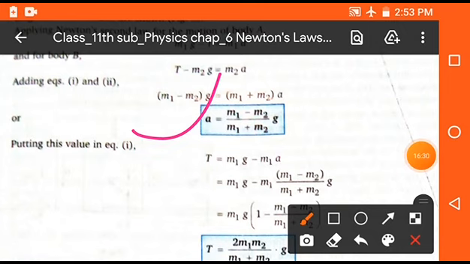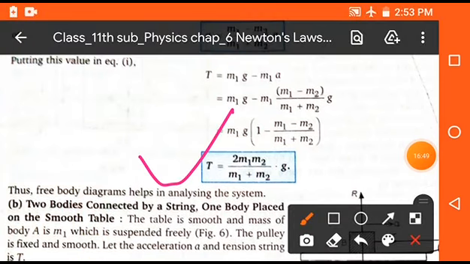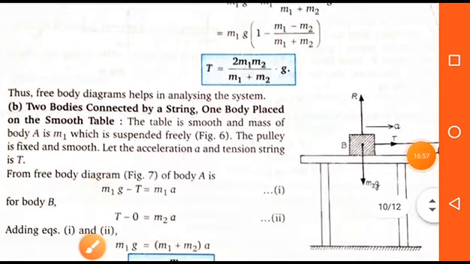We can also calculate the tension produced in the rope, and it will be T equal to 2 m1 m2 upon (m1 plus m2) into g. With the help of these two formulas, we can easily calculate the tension and the acceleration. And with the help of acceleration, you can also calculate the force working on each of the two objects.